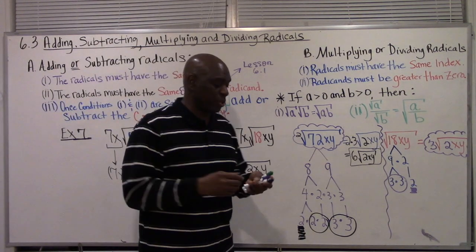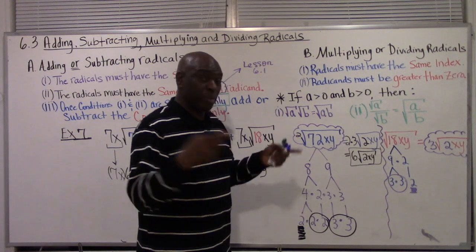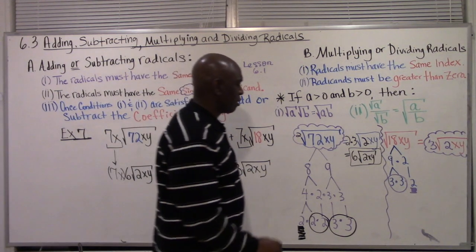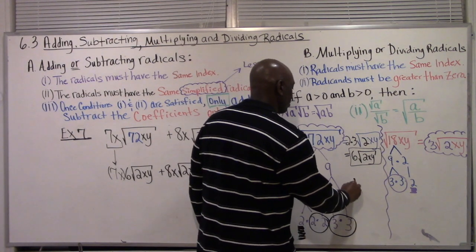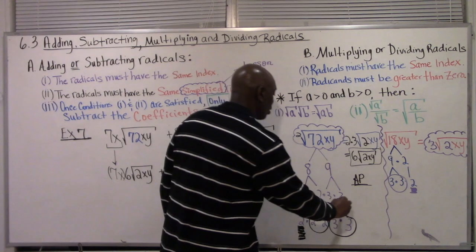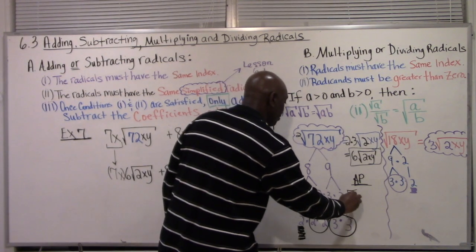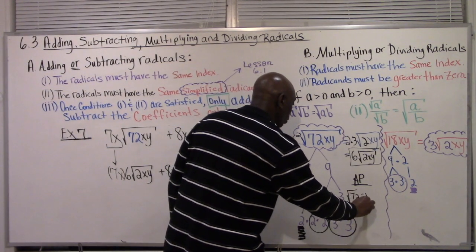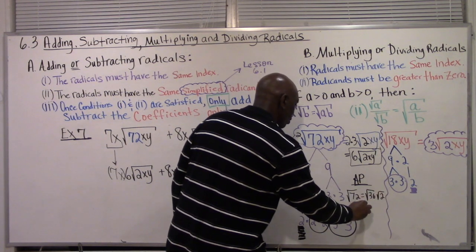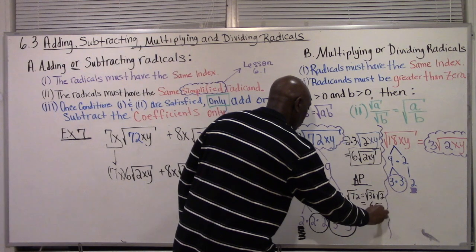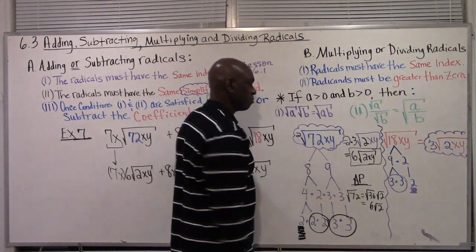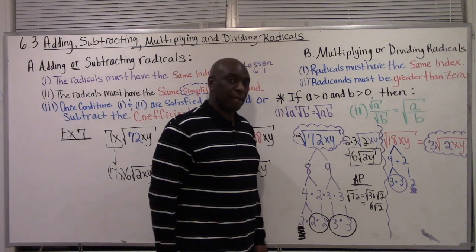To my AP students, whoever you may be, you recognize this off the bat. Here's what you recognize: the square root of 72 equals the square root of 36 times the square root of 2, which equals 6 root 2. You picked right up on that.